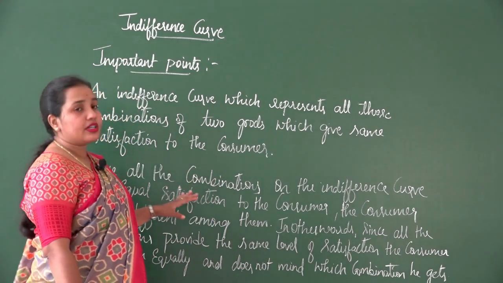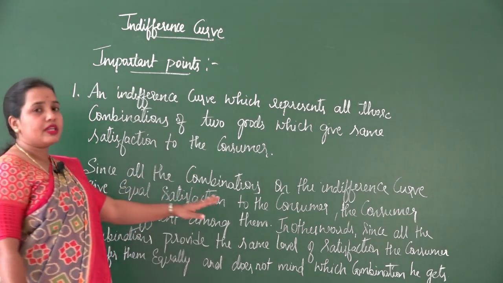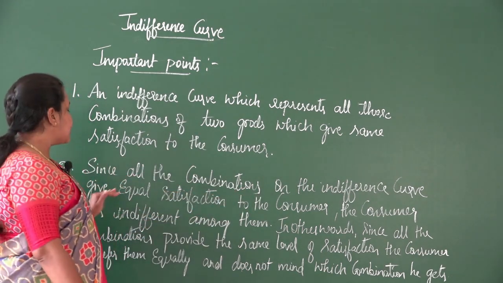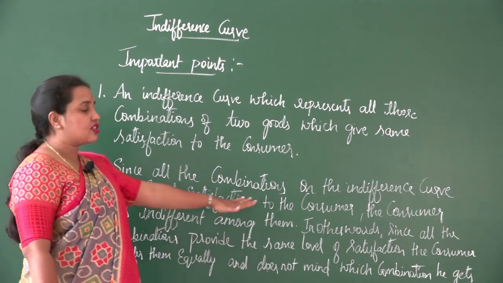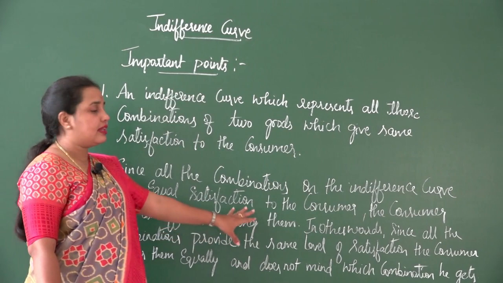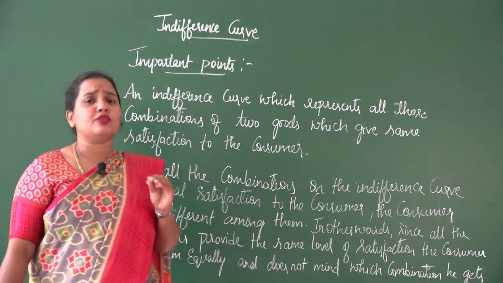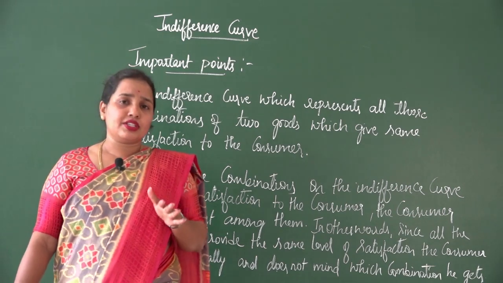The second important point that we have understood already is that since all the combinations on the indifference curve give equal satisfaction, the consumer is indifferent among them. This word indifferent means it does not matter to the consumer which combination he gets.